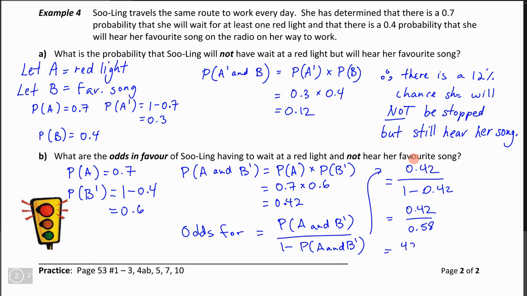Or I could say 42 out of 58. Or if I write that in lowest terms, 21 out of 29. So I'm dividing the top and the bottom by 2. And then I can write my ratio. So the ratio is 21 to 29. So therefore, the odds for having to wait at a light and not hear her favorite song is 21 to 29.